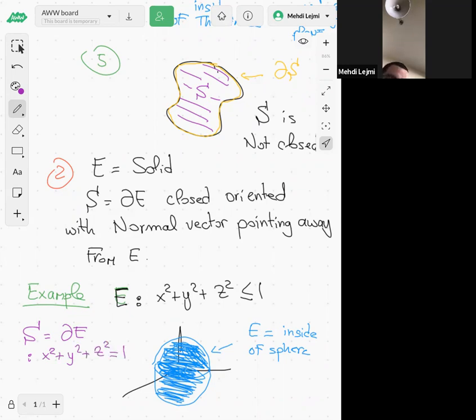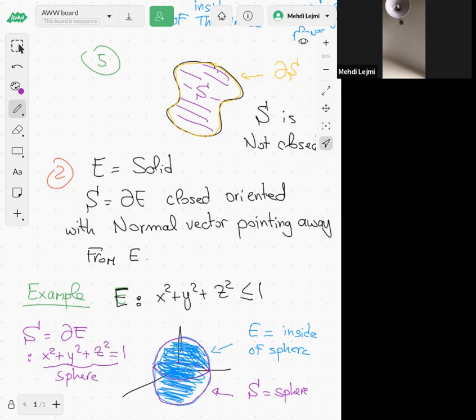So that'll be my sphere. S is the sphere.